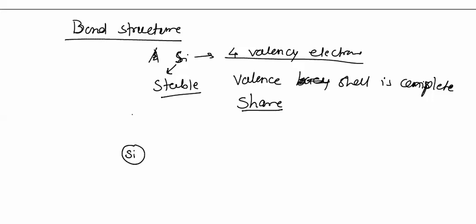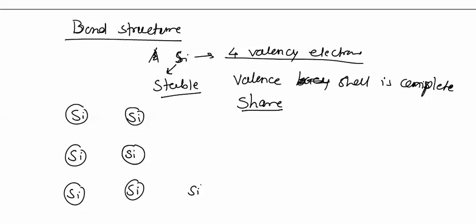This silicon atom will be surrounded by many silicon atoms. Each silicon atom possesses 4 valence electrons.